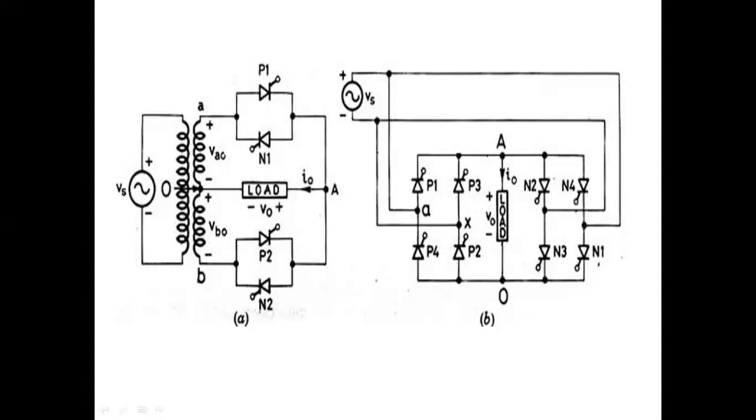Note down in your notes if you are having notes. During positive cycle in this circuit, P1, P2, N1, N2 are forward biased. If you are having pen and paper, you can note down this. This point is very important for operation. During positive cycle, P1, P2, N1, N2 are forward biased.